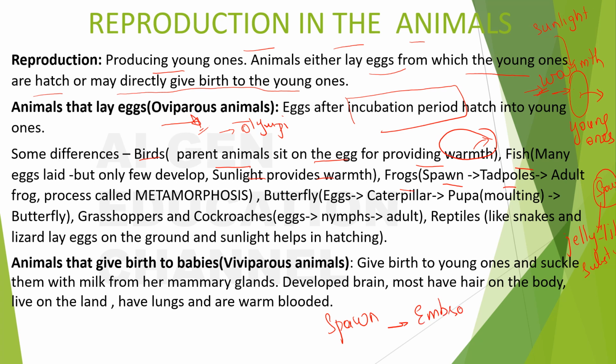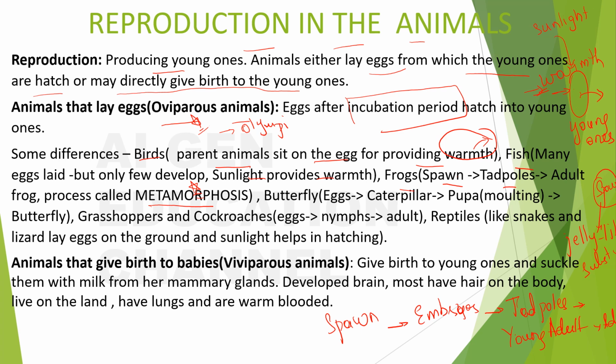From spawn come embryos, and from that come tadpoles. From that you will get young adult, and after that you get adult. This process is called metamorphosis, so important.